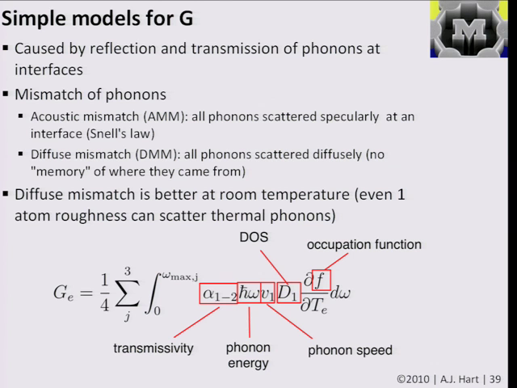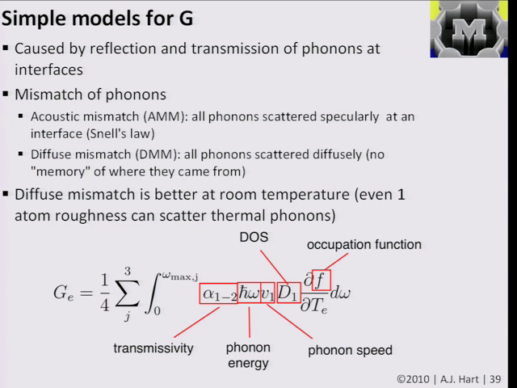That model assumes that whenever a phonon gets to the interface, basically it forgets where it came from, and it scatters randomly into any direction. And the rationale is that even at, say, 1 atom roughness, a room temperature phonon is pretty likely to scatter. So this idea of a phonon forgetting where it came from is actually pretty good.